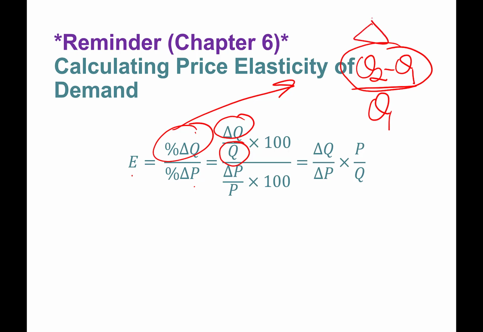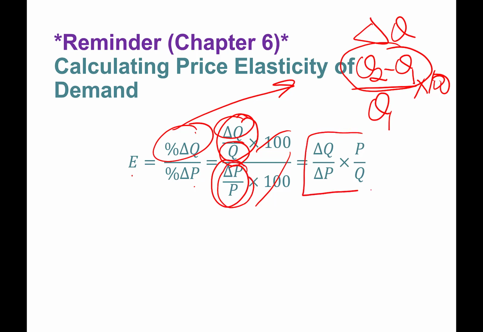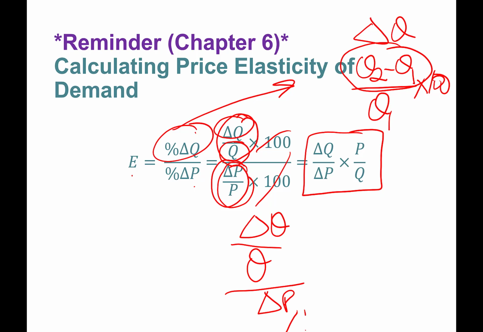We can call this change in quantity, times 100. Same thing for the price. So the hundreds will cancel out. So you have delta Q over Q divided by delta P over P.